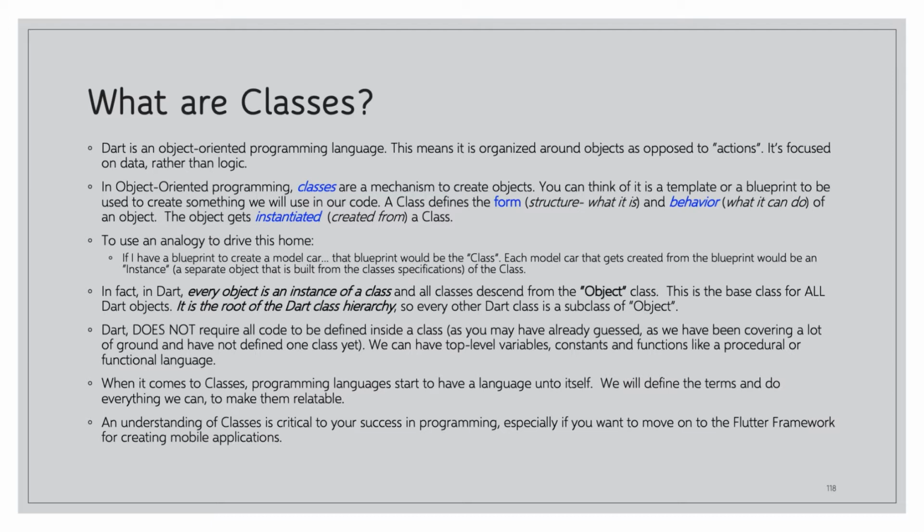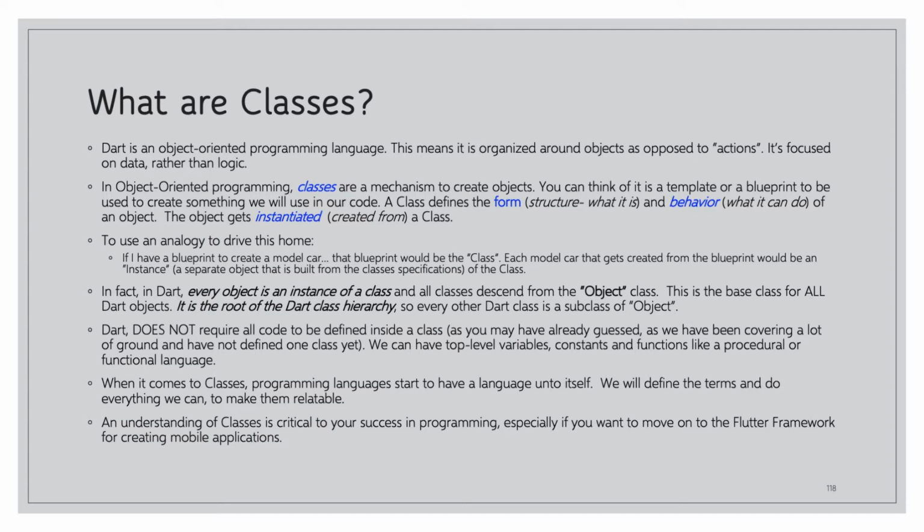You can think of it as a template or a blueprint to be used to create something we will use in our code. A class defines the form or the structure, which gets at what it is, and the behavior, which gets at what it can do, of an object. The objects get instantiated or created from a class.